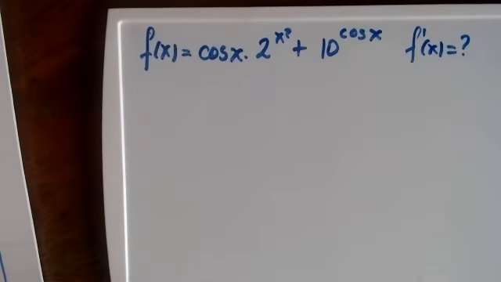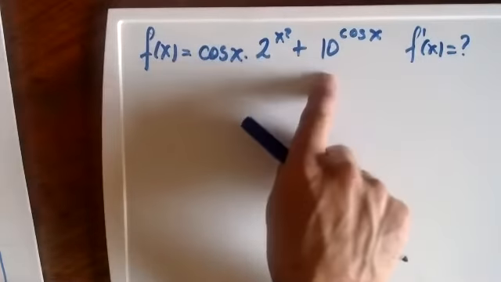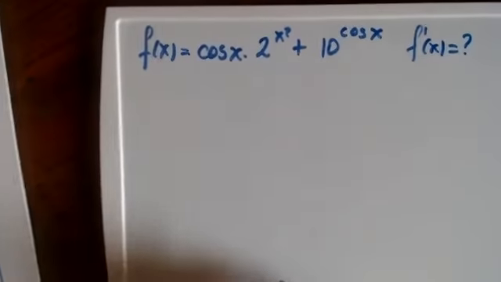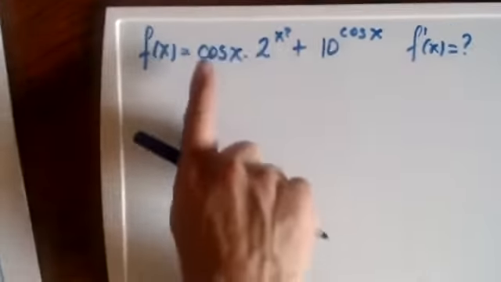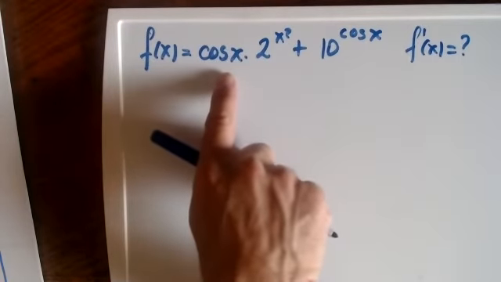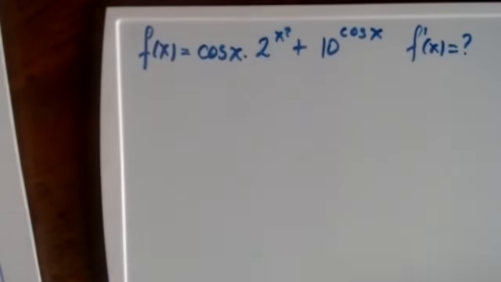So I have to use the rules I learned. The derivative of the addition of two things is the derivative of this, the derivative of this. Then this is a product. So I have to take this derivative times this plus this times this derivative. And this is the formula I just discovered I have to use, correct?